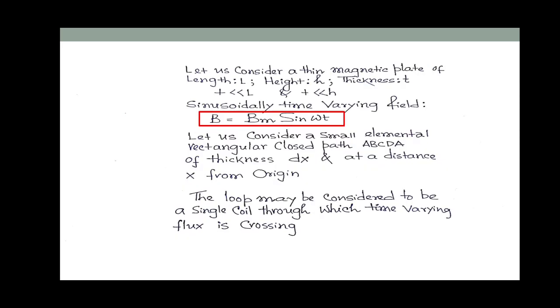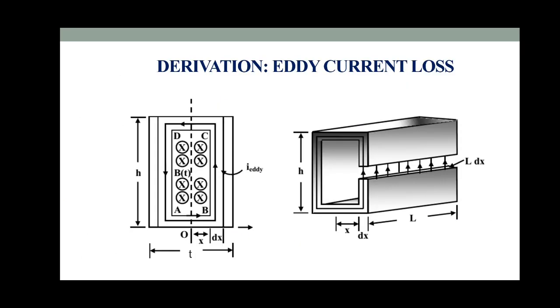The time varying field can be expressed as B equals Bm sine omega t, where Bm is the peak value of flux density. You all basically know that. Now let us consider a small elemental rectangular closed path ABCDA.